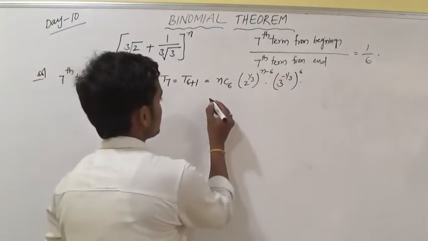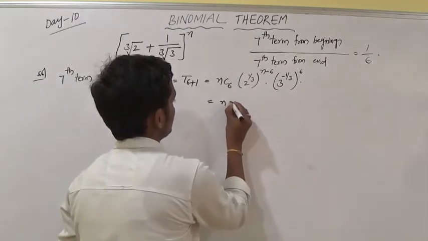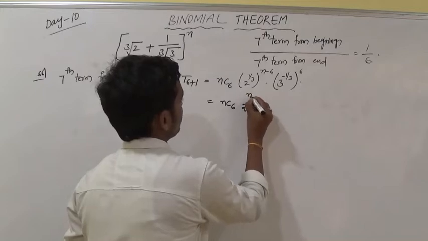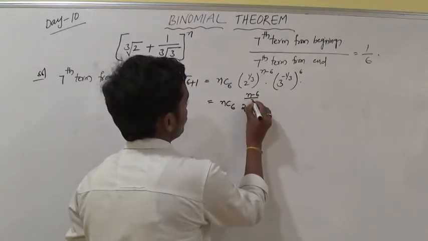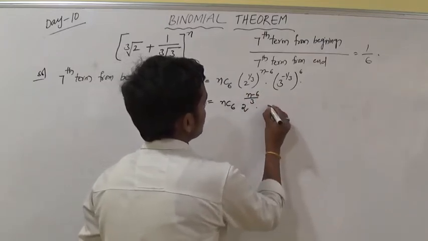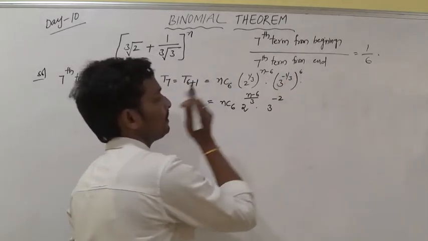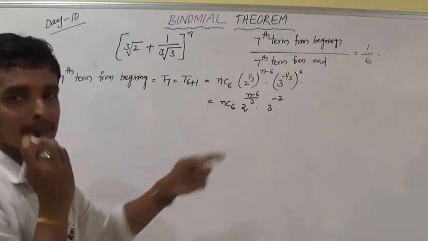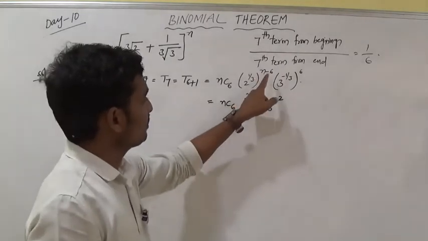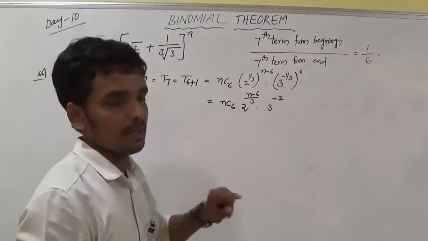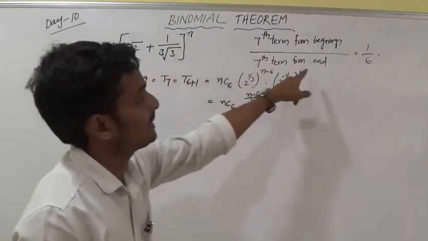Simplifying, that is nc6 into 2 to the power of n minus 6 by 3, into 3 power minus 6 by 3, which is minus 2. Have you understood that?